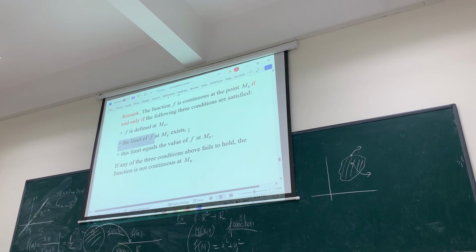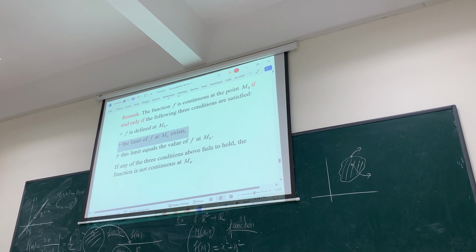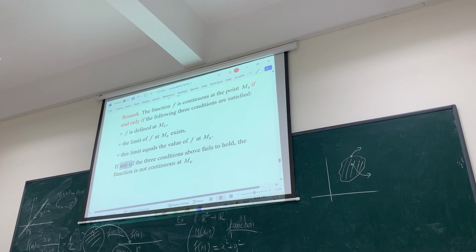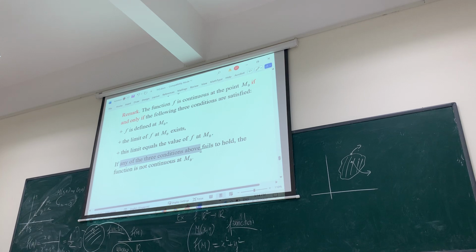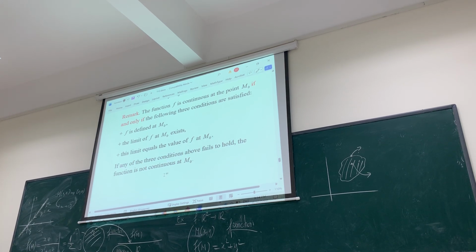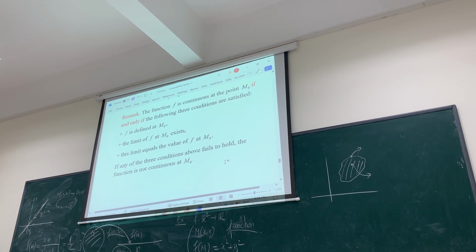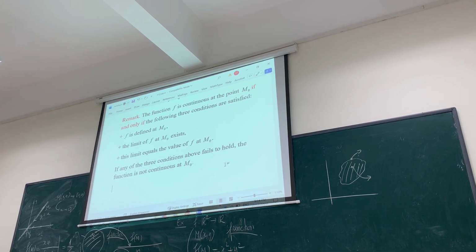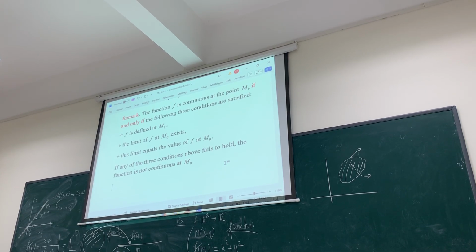The second, the limit exists. The final, the limit is equal to the function value. If any of the three conditions above fails, the function is not continuous at n0. It matters to the discontinuity at n0.